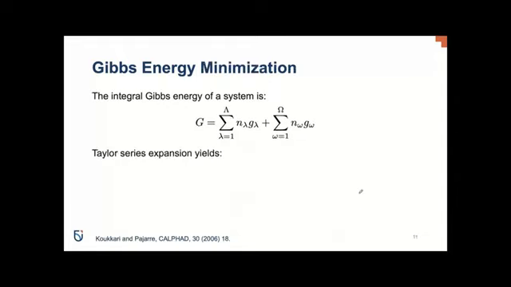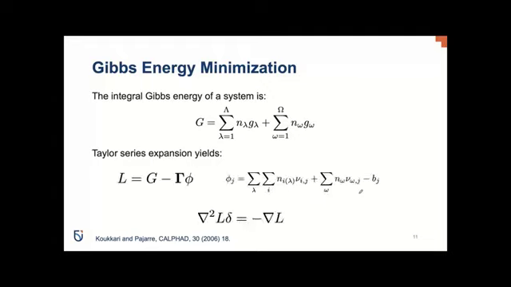The most standard way to solve this problem is called Gibbs energy minimization, which is a numerical optimization technique that relies on a second order Taylor series expansion of the Lagrangian function, which is given here.